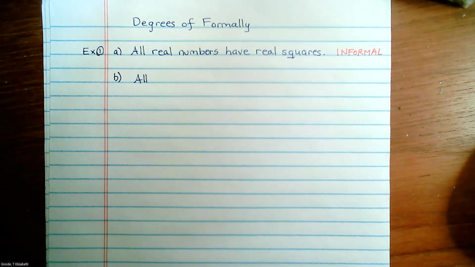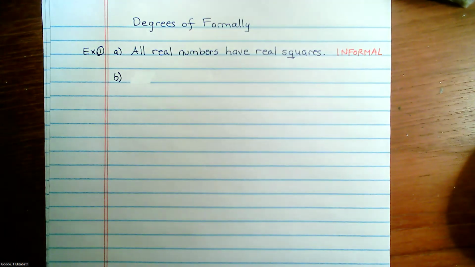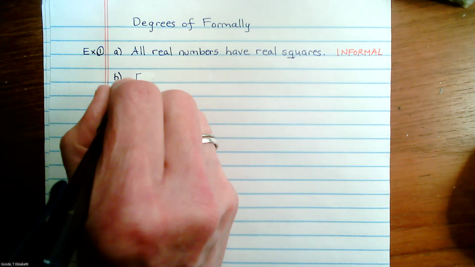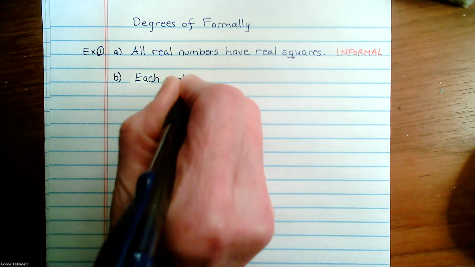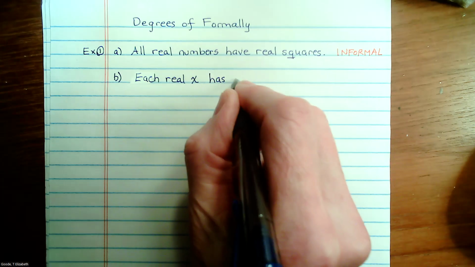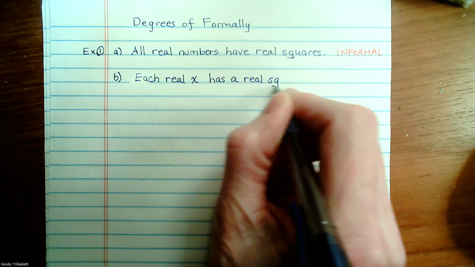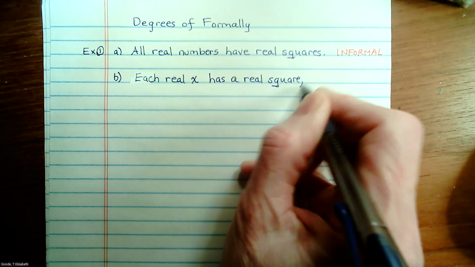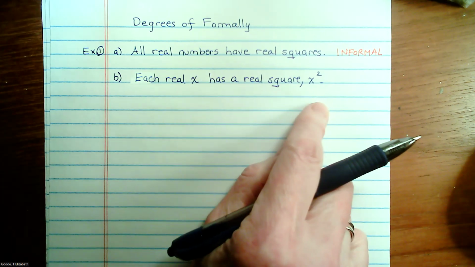And I think I'm going to put an each here, because each and all are the same. I just want to make it simple. So: each real x has a real square, x squared. Now this is slightly formal.